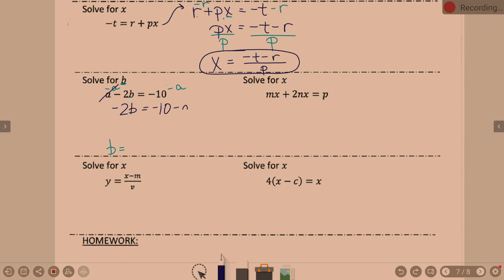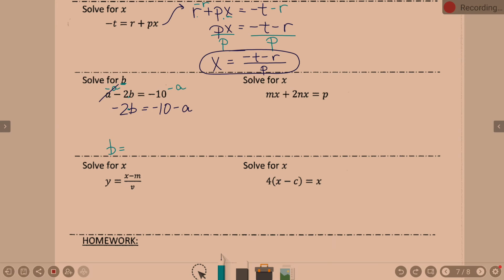Negative 10 minus a. Am I done? No. Because I don't have b equals, I have negative 2b equals. So what do I still have to move away from b? The negative 2. Divide by negative 2.